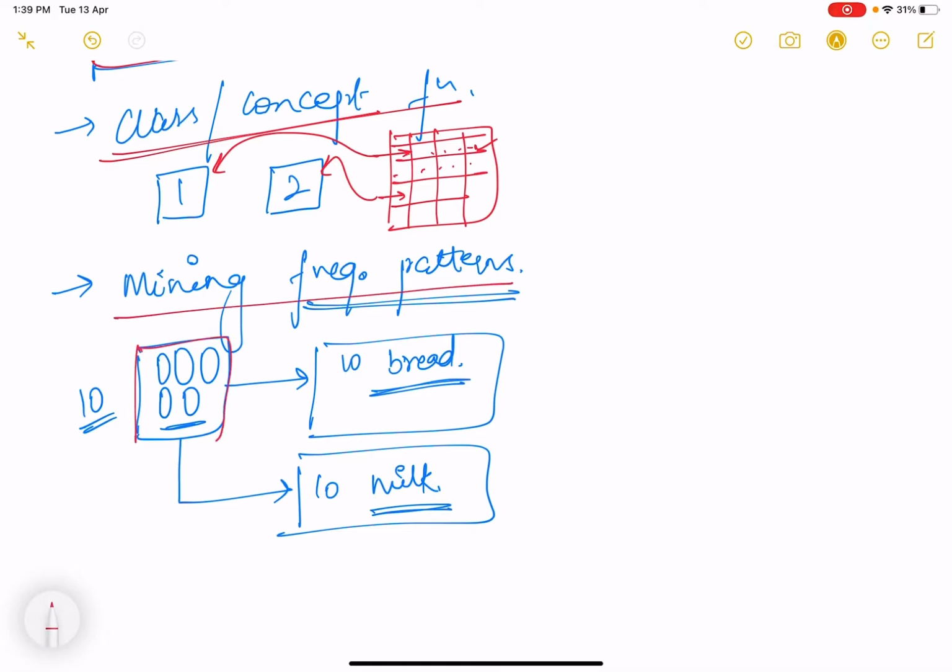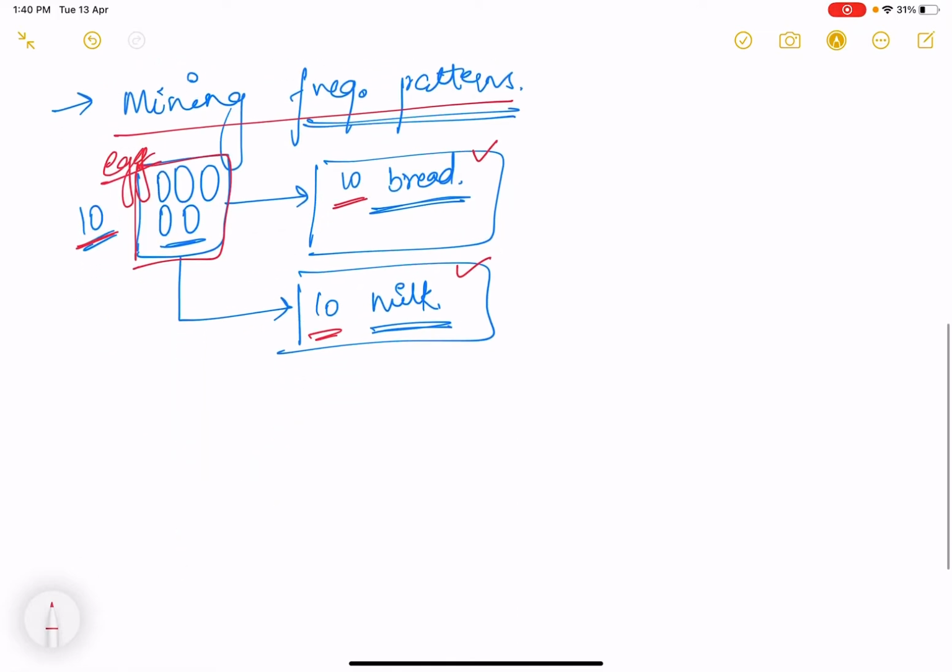We have already done earlier that, suppose 10 trays of eggs are bought, and similarly 10 breads are bought and 10 milk packets are bought. So out of these frequent patterns, if we also add biscuits into it, we see that only 3 packets of biscuit have been bought.